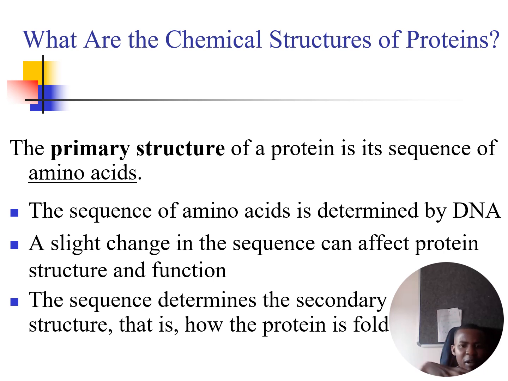The sequence of amino acids is determined by the DNA. A slight change in the sequence of the primary structure can affect the structure and the function. This sequence is going to determine the secondary structure, because there is a way in which they link.